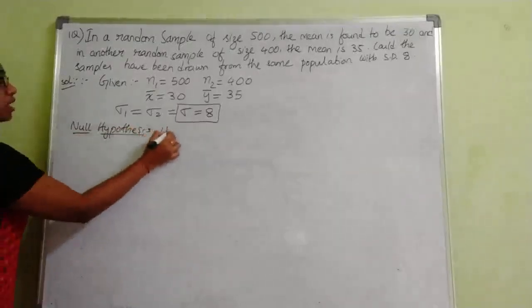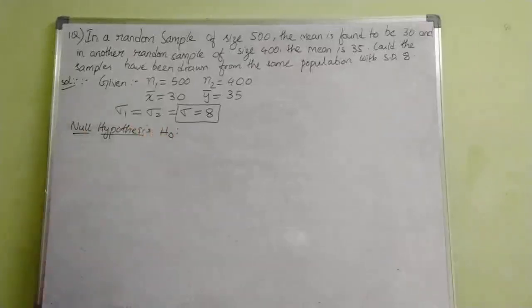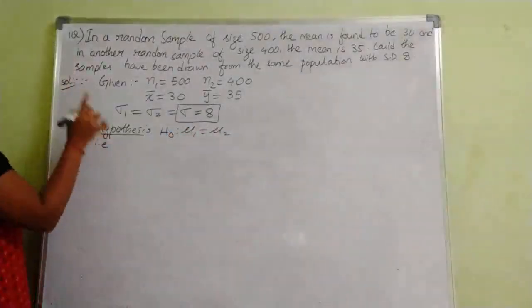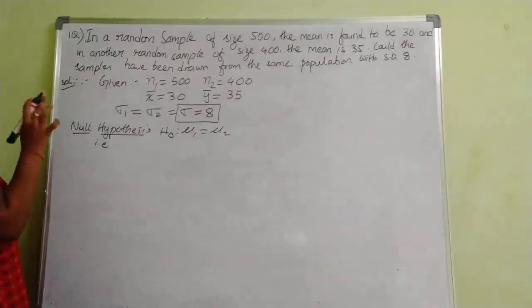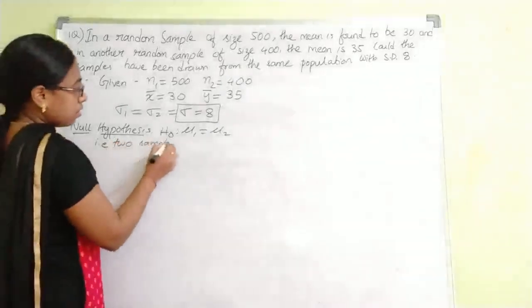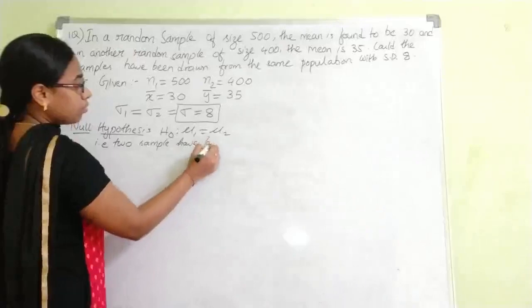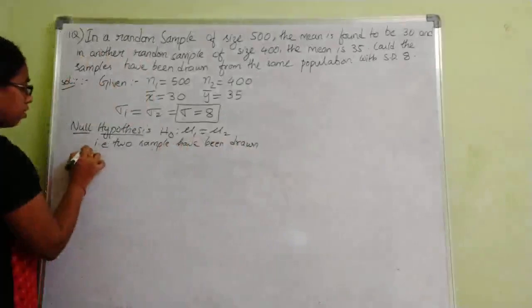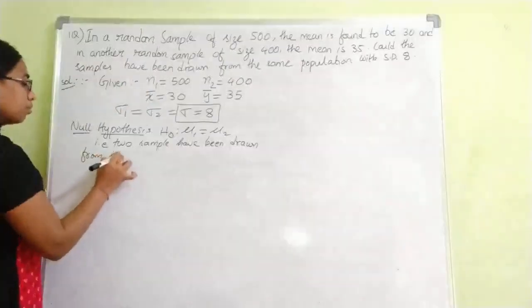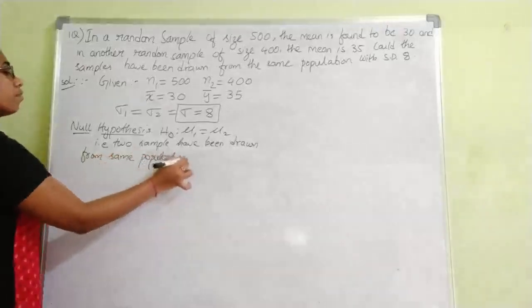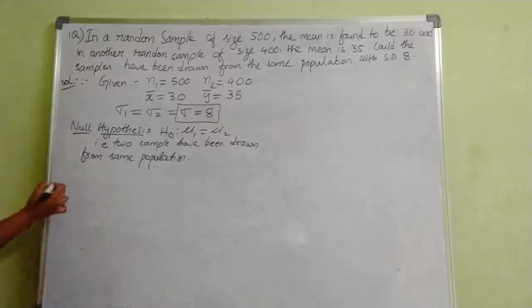The null hypothesis H naught: mu1 equals mu2, that is what they have said, the two samples have been drawn from the same population. Similarly, write down the alternative hypothesis.